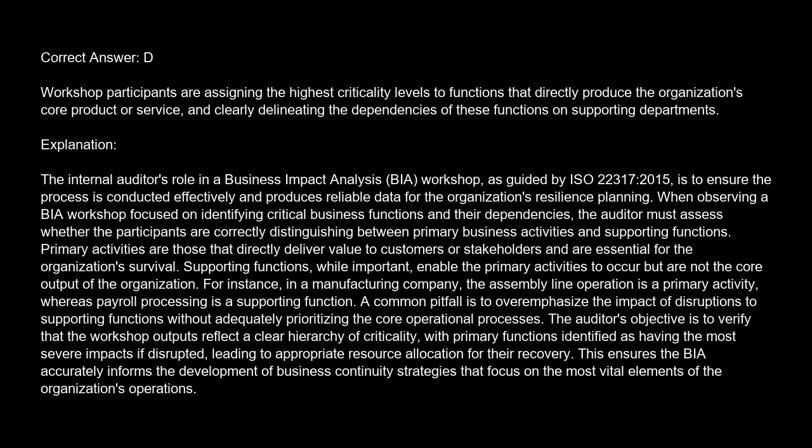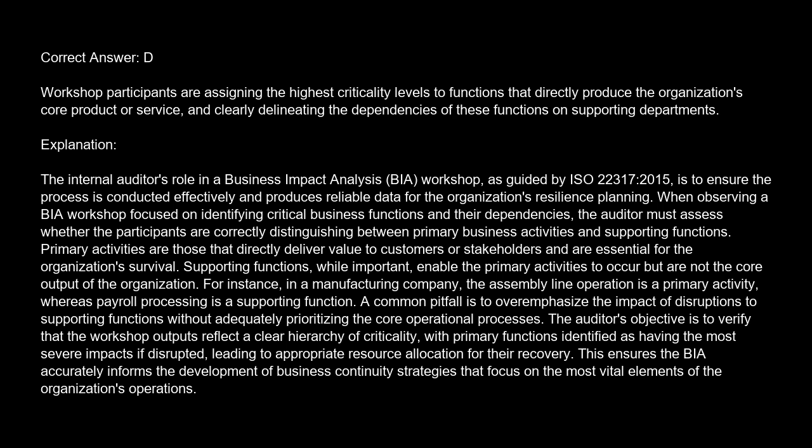When observing a BIA workshop focused on identifying critical business functions and their dependencies, the auditor must assess whether the participants are correctly distinguishing between primary business activities and supporting functions. Primary activities are those that directly deliver value to customers or stakeholders and are essential for the organization's survival. Supporting functions, while important, enable the primary activities to occur, but are not the core output of the organization.